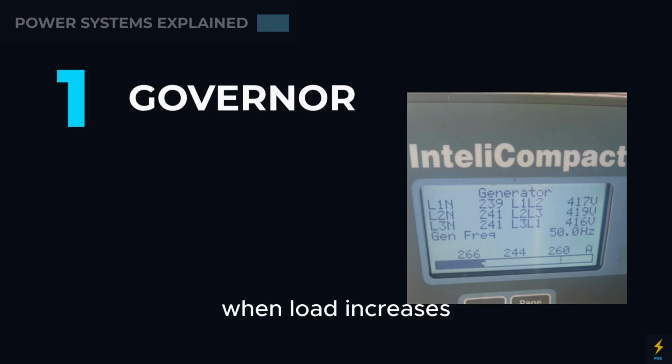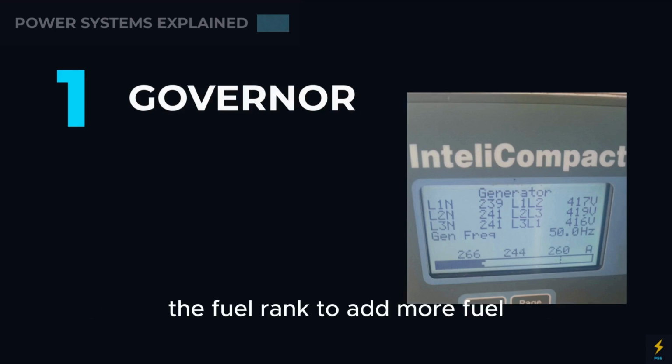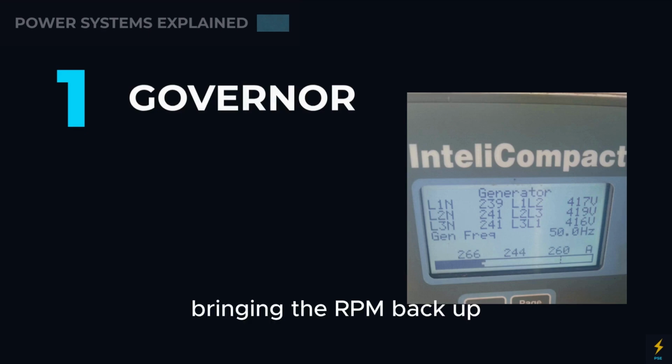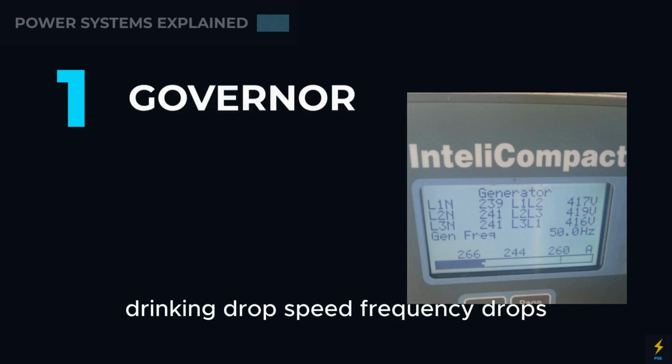When load increases, the governor detects the speed drop and opens the fuel rack to add more fuel, bringing the RPM back up. If the governor is slow, poorly calibrated, or faulty, it reacts too late or not enough. The engine drops speed, frequency drops.